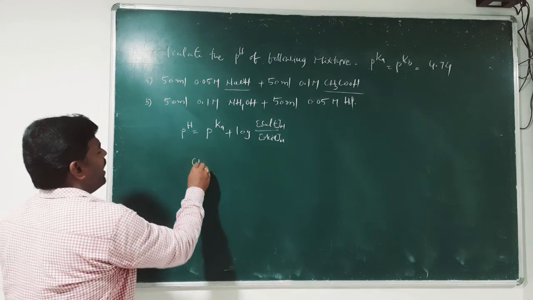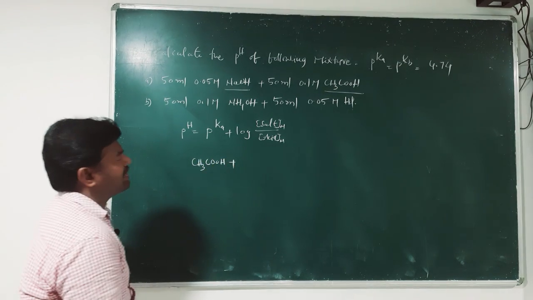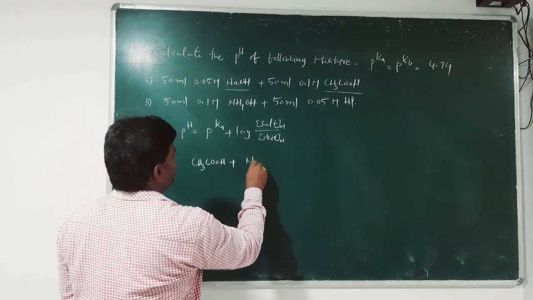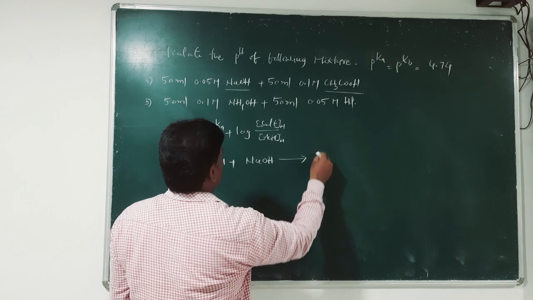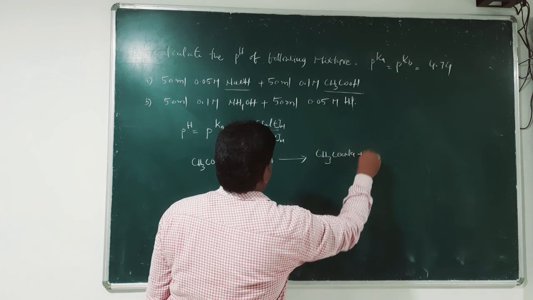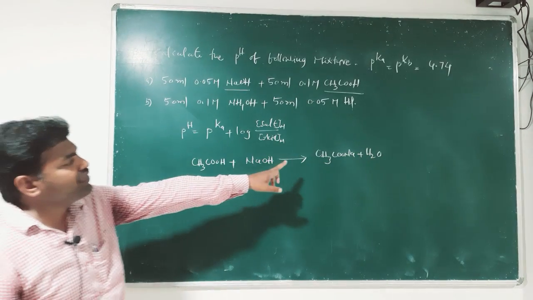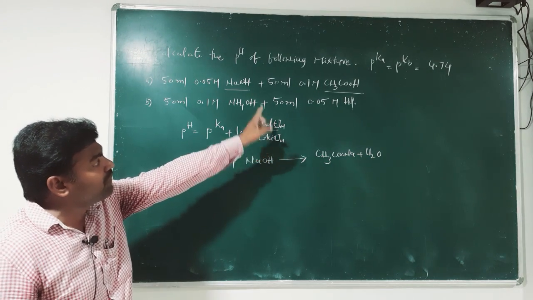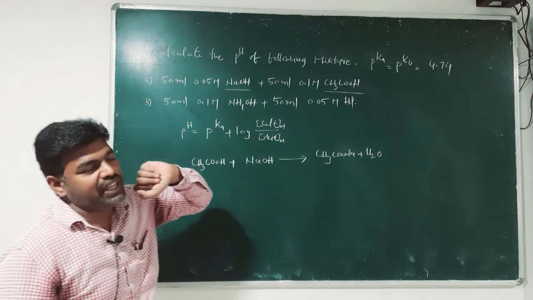So when we add acetic acid plus NaOH, that gives sodium acetate plus water. So we should know the concentration of salt formed by the mixing of NaOH and acetic acid.